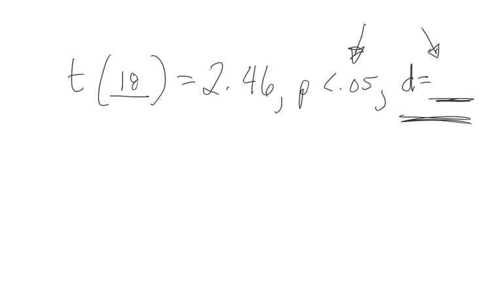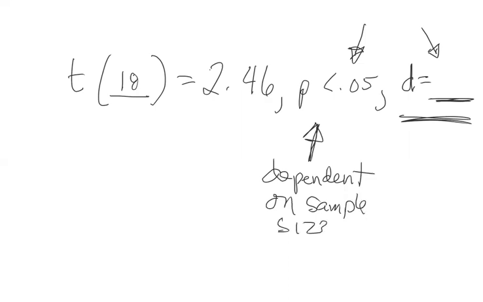The difference is p values are heavily dependent on sample size. With bigger samples, you're more likely to be statistically significant. With smaller samples, you are less likely to be statistically significant, regardless of how big the effect is.